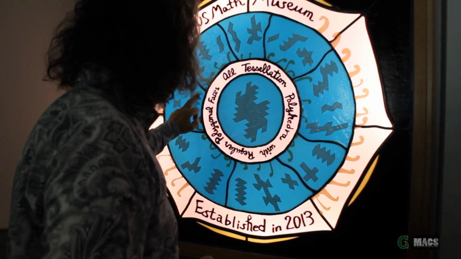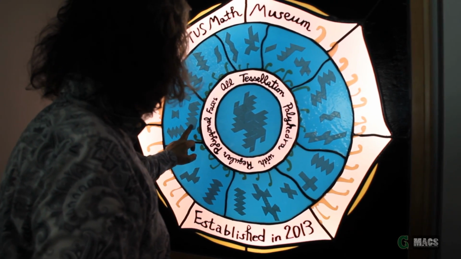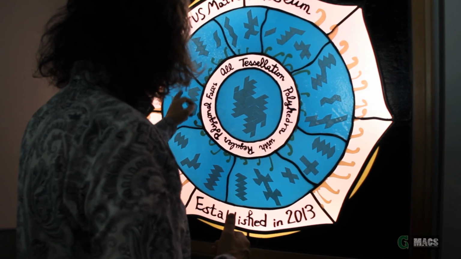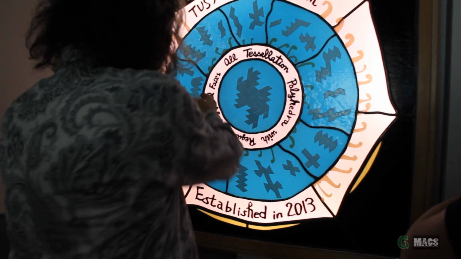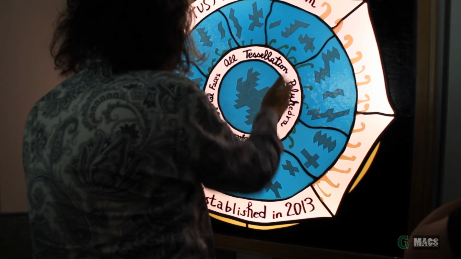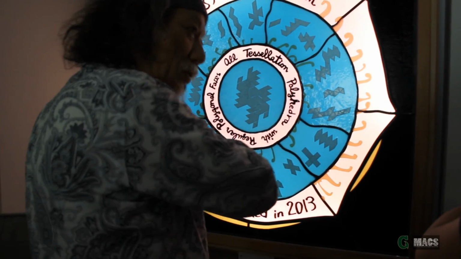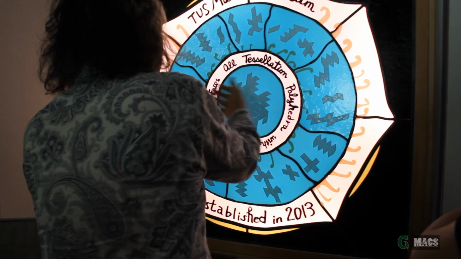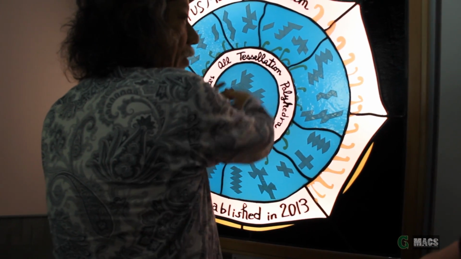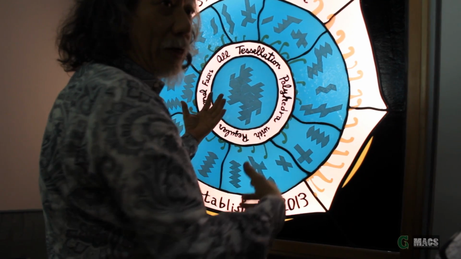Same as this one, by 4 copies. I use 4 copies to tesselate like this. So tesselation means no gap. If you have many copies, then you can continue and tesselate the place.